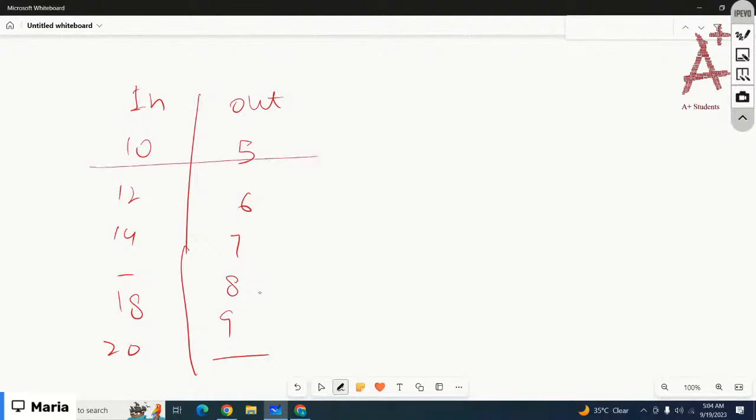You have to use the completed rows to find the relationship, right? Input is 10, output is 5. Input is 12, output is 6. You can see the output values are decreasing, right? That means either you can try subtraction or division.